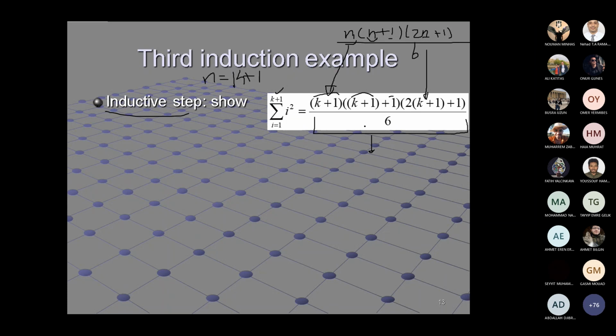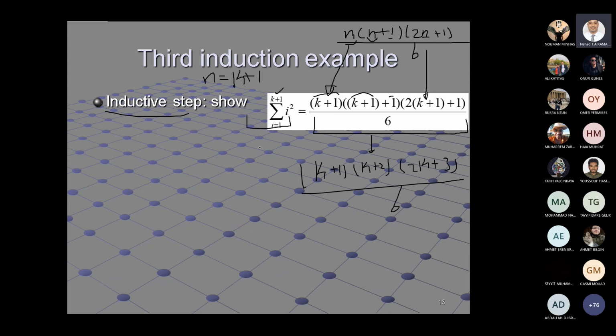So it's k plus 1 multiplied by k plus 2, since k plus 1 plus 1 is k plus 2, multiplied by 2k plus 2 plus 1. So 2k plus 2 plus 1 is 2k plus 3, all divided by 6. So we just reorganized the right-hand side.